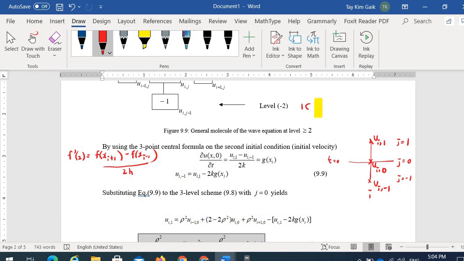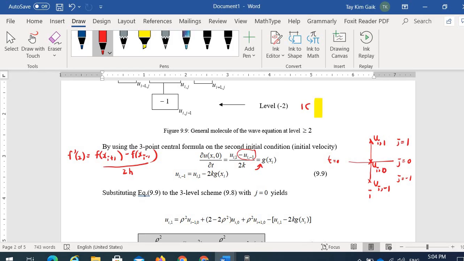So we solve for the point, we want to solve this one, the level j minus 1. So that's why u_(i,-1) is equal to, when you bring 2k up, u_(i,1) minus 2k g(x_i). Right, this one.